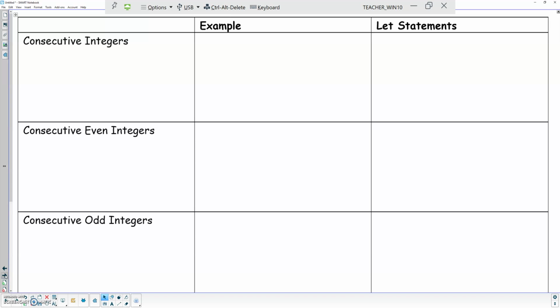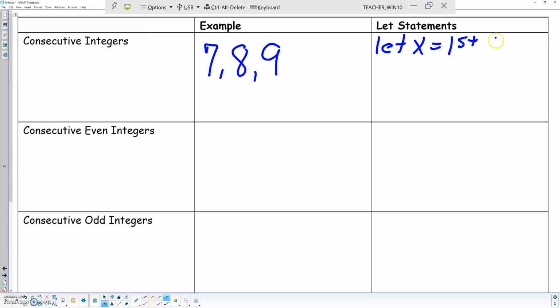So consecutive integers, an example would be like the numbers 7, 8, 9. Okay, so we always let x equal the first consecutive integer.